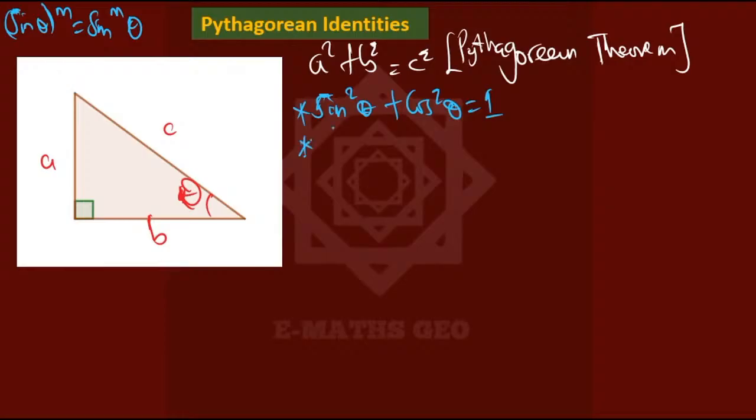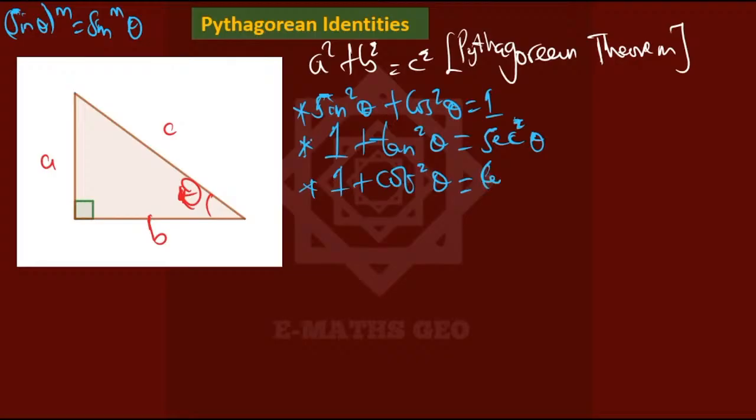The second one is 1 plus tan squared equal to sec squared. The last one is 1 plus cot squared is equal to cosec squared.